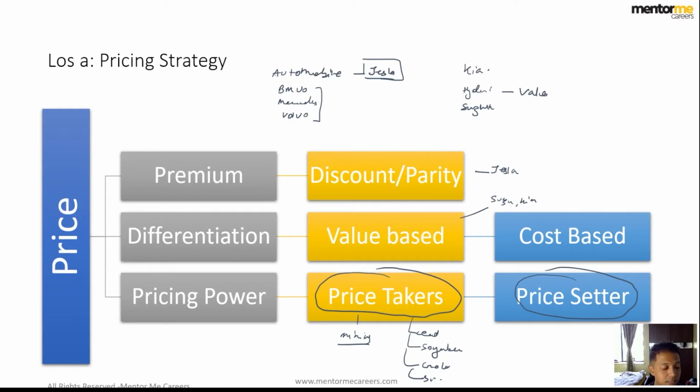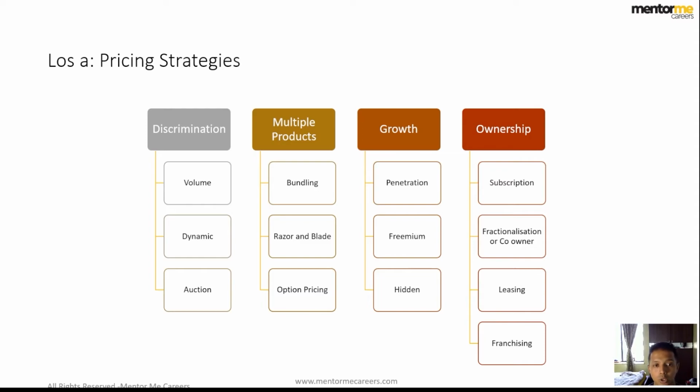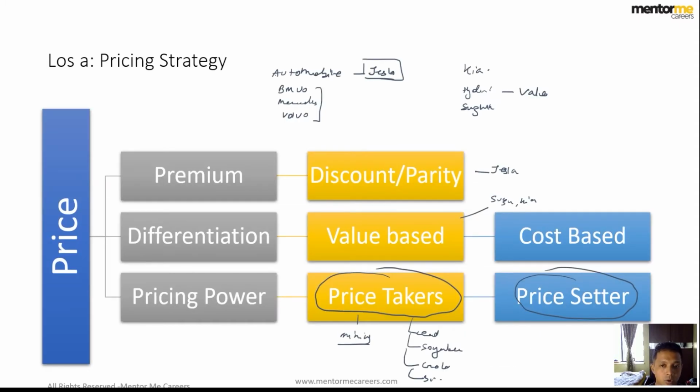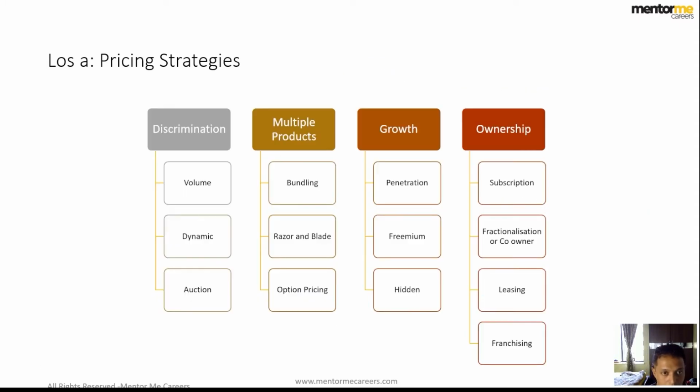Now let's try to understand a few more detailed strategies on pricing, all right? So if you're asking how do I price, now we know that, okay, there is discounting, value, and taker and setter, but also let's discuss how you discriminate, right? So for example, if you're buying on the basis of volume, I might give you a discount, right?